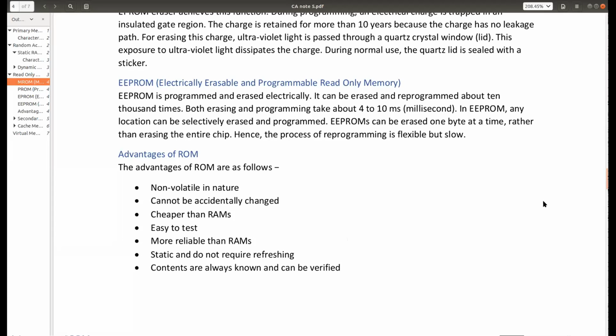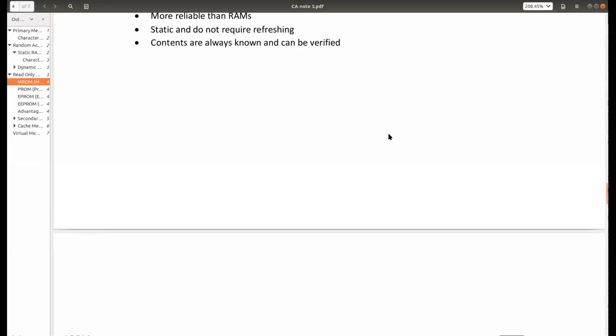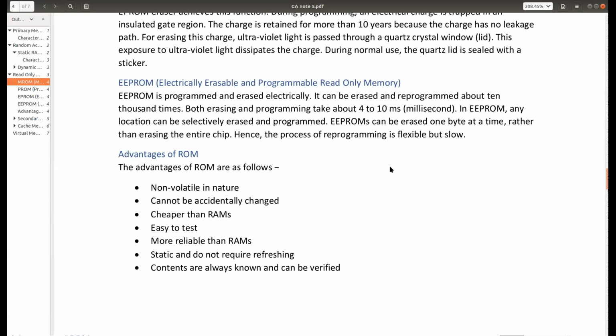But both the types of memories are needed. Be it RAM, be it ROM, both the types of devices are needed in our case, because we need RAM to store data.